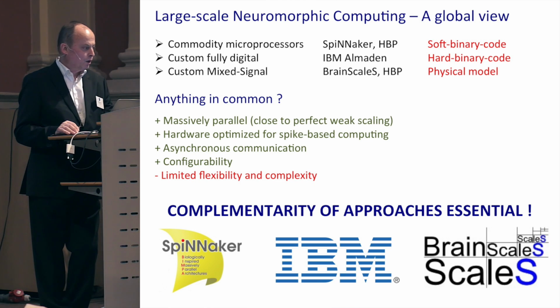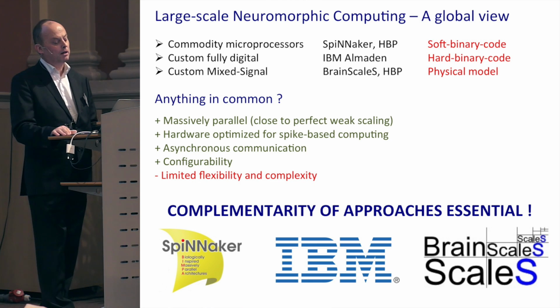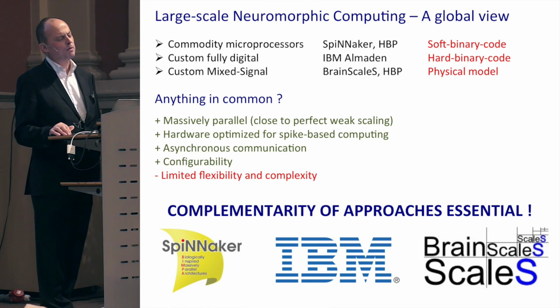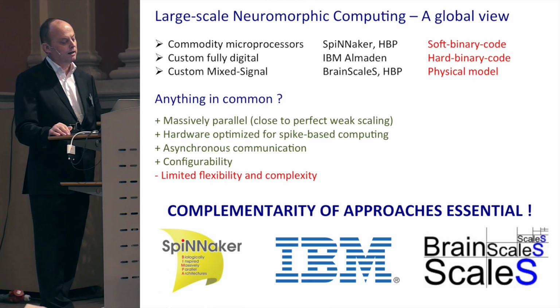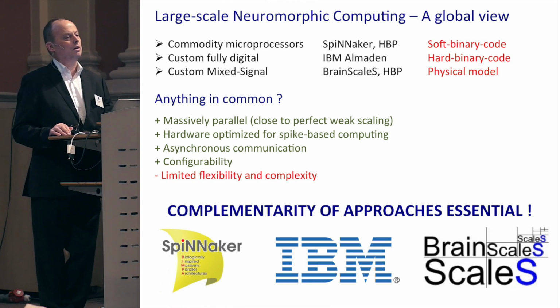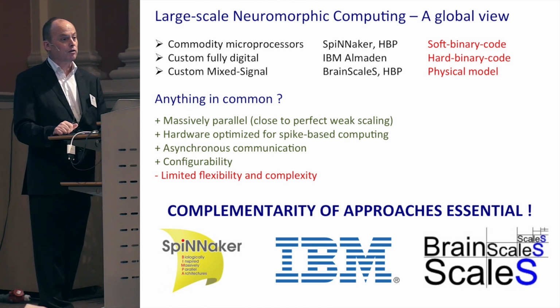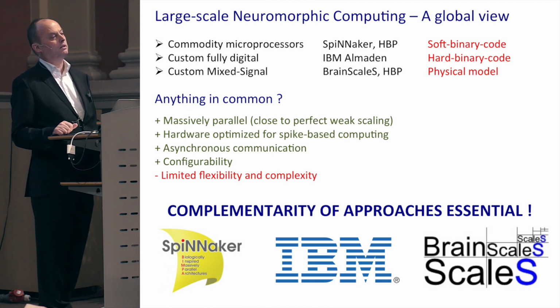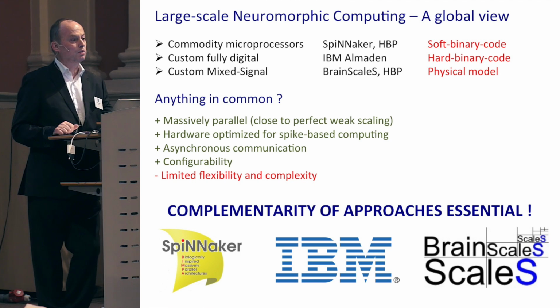What you can do, of course, is to exploit weak scaling, as I mentioned before, having a fixed problem size and just buying many microprocessors and overcoming the problem of weak scaling, which is the communication, by having a really optimized communication protocol so that you can keep the line flat. This is what the group of Steve Furber does in the SpiNNaker project. I call this soft binary code. So you have ARM processors that are programmed by your favorite programming tools. It's easy to use, and it's commodity processors. There are many of them, and I will discuss this a little bit more.